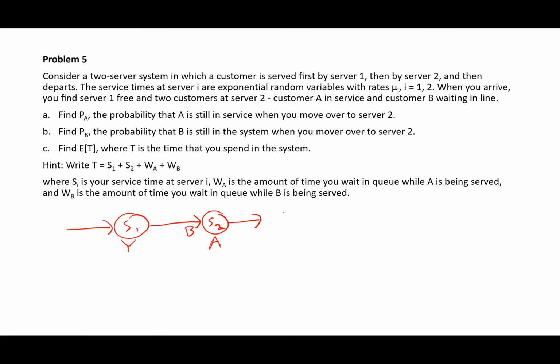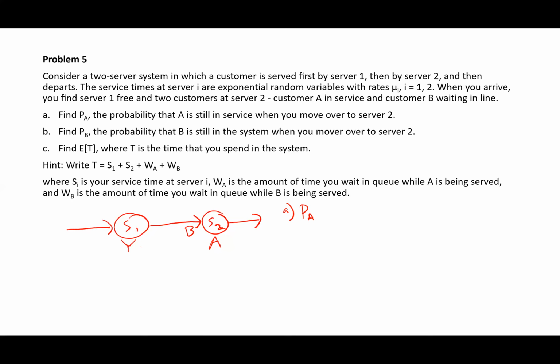The first thing I want to find is PA. This is the probability that A is still in the system, still in service when you move over to server 2. Okay, so let's look at how we're going to calculate that. The only scenario in which A is still in service when I walk over to server 2 is right when I entered, I'm in server 1, A is in server 2.